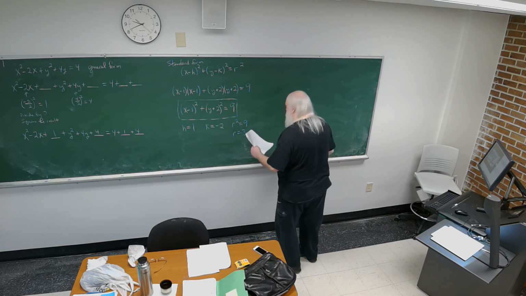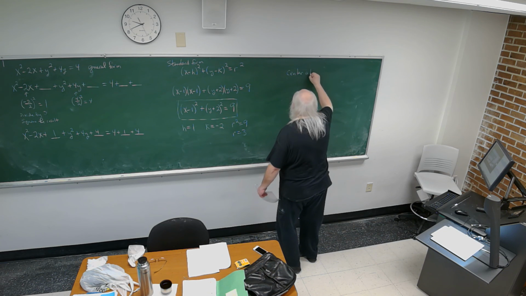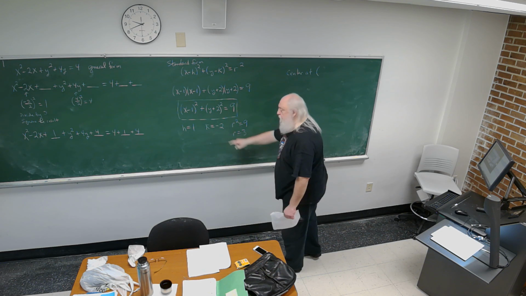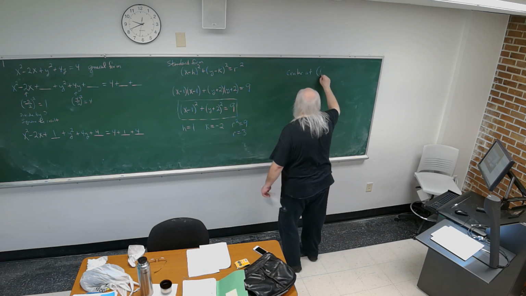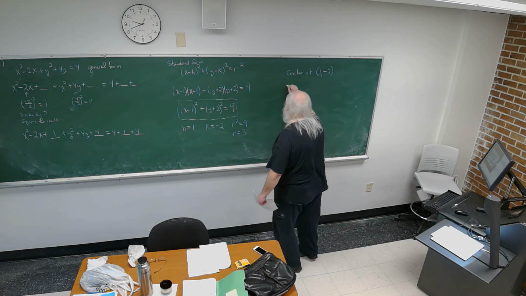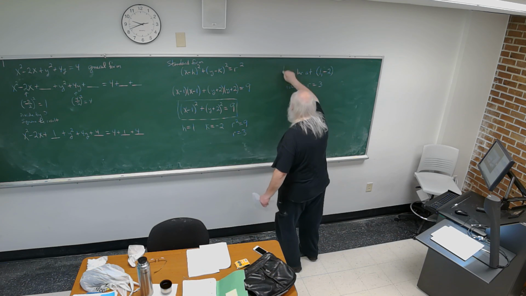So the center is located at the point h comma k, which is 1, minus 2 in this case. And the radius r is equal to 3 in this case.